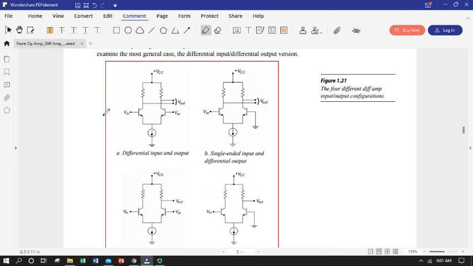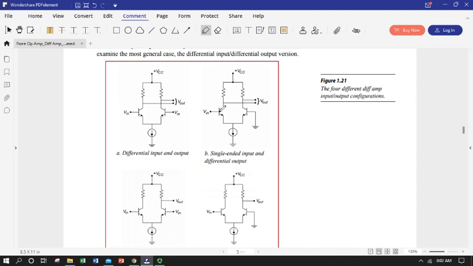So that makes our life really good, because that allows us to do a lot of very creative things with our output and cancel out all that noise. So just to get you thinking, I'll refer to this figure 121, which just kind of steps through all the different ways you can hook these up. So you can put a signal in at both bases, so dual input, and you can look at a differential output, just subtract the two outputs.